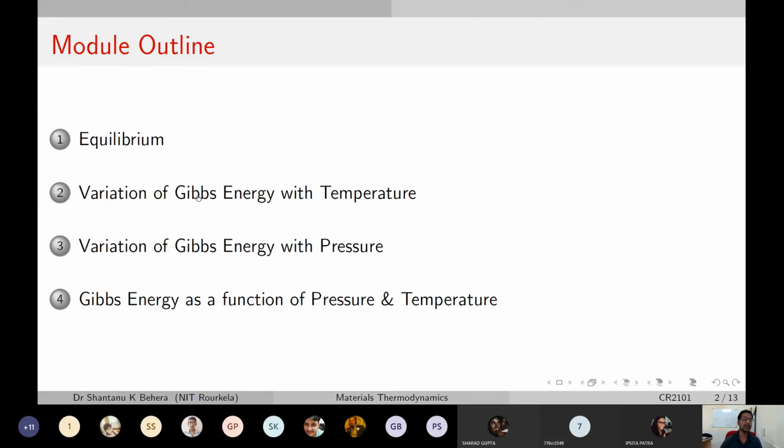And of course, we'll see how Gibbs energy changes with temperature, how Gibbs energy changes with pressure, and how it is influenced by a combination of things. And leading to that, we'll add further things to that. We'll construct a single component system or its equilibrium diagram for one single component system. And going forward, we can have multi-component systems.